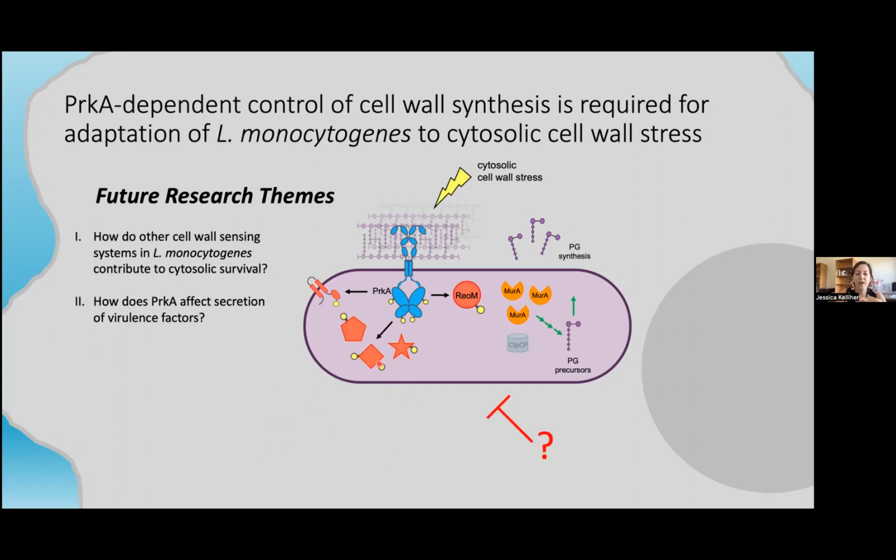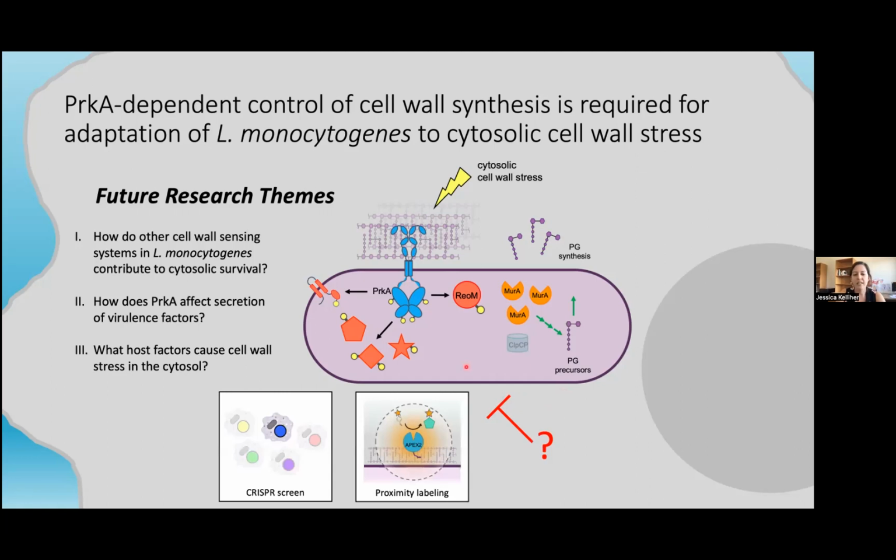And then lastly, I'm really interested to know what are these host vectors in the cytosol that are causing Listeria to experience cell wall stress. And towards that end, I'm performing a parallel CRISPR screen in macrophages to identify pathways that are causing cell wall stress in Listeria, as well as a proximity labeling approach to identify host proteins that are directly interacting with the Listeria cell wall in the cytosol.